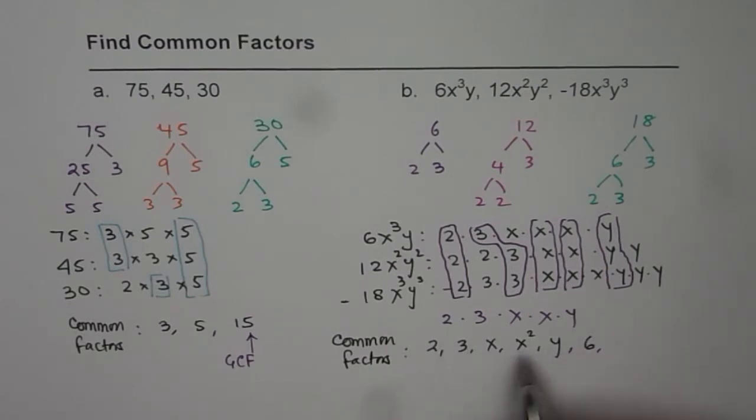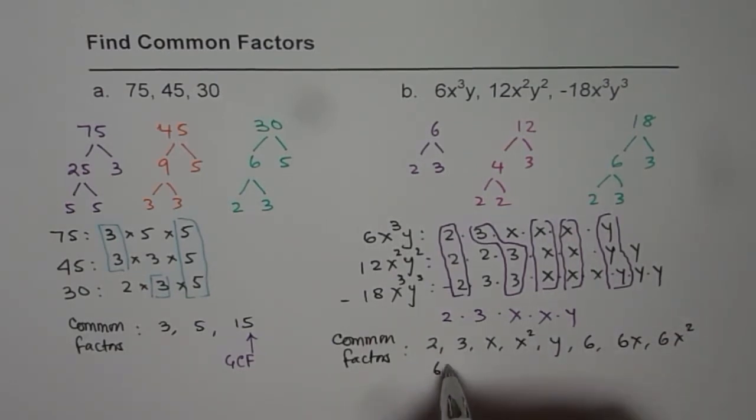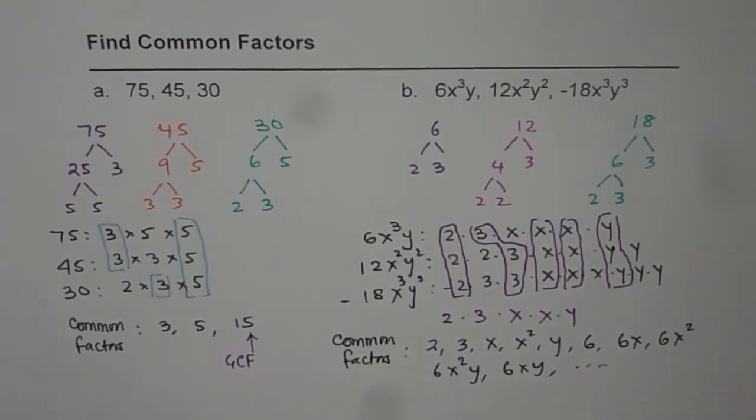And you can write down the combinations as 6x, 6x squared, 6x squared y, 6xy, and so on, right? So you can have all these combinations which will be common factors for these three terms. So you have so many common factors.